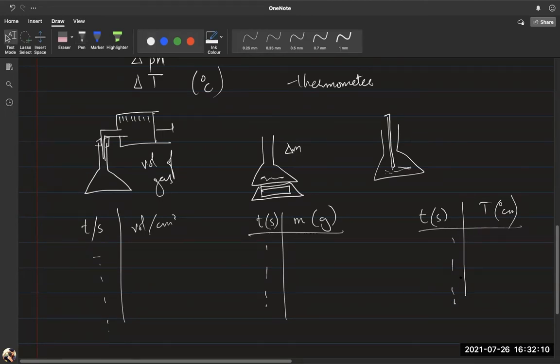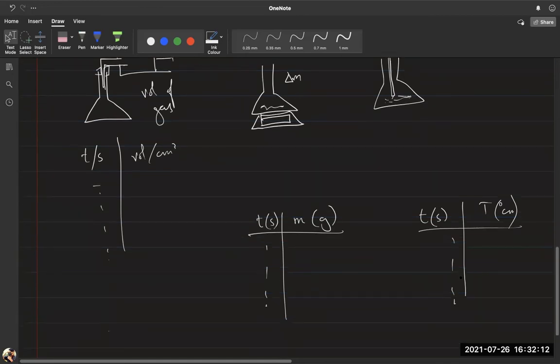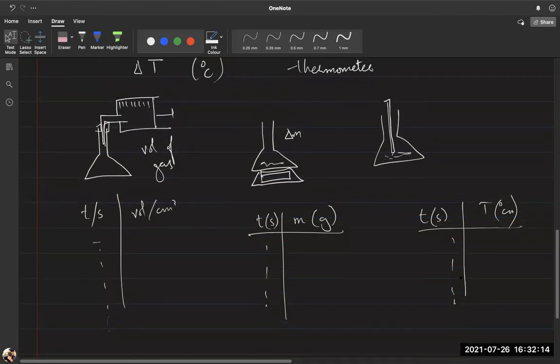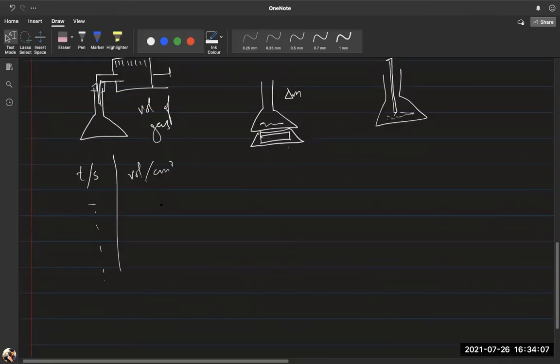So the table always goes like that. Now, some important points to remember: whenever the mass or the rate is changing, you use one of these ways of setting up the reaction, and then you use that to figure out how the reaction is changing.